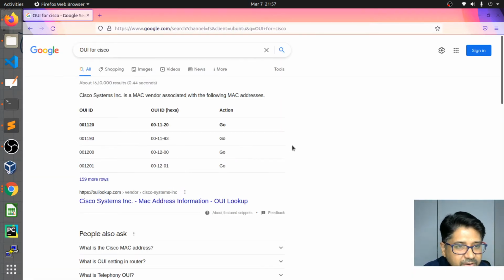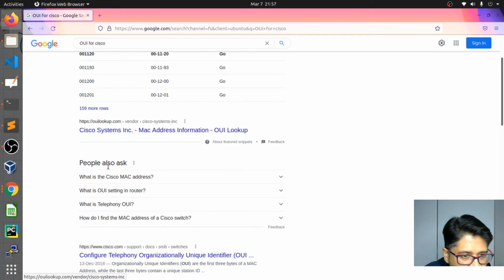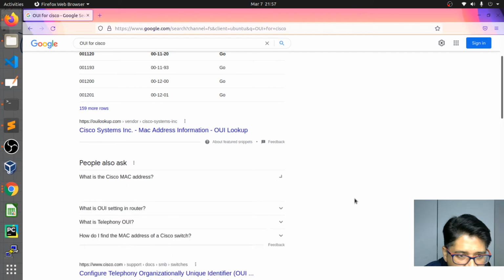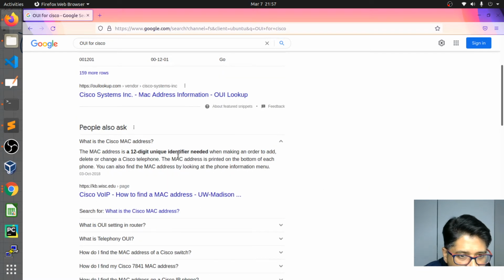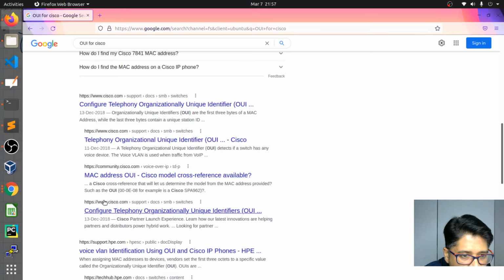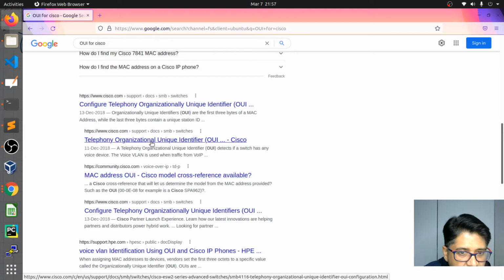So let's understand the OUI for the Cisco MAC address. What is the OUI setting in the router for the MAC address? So identify the OUI of the MAC address.